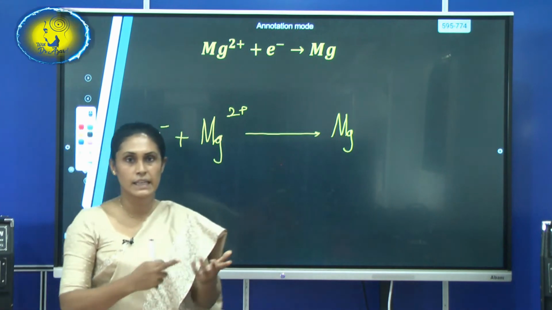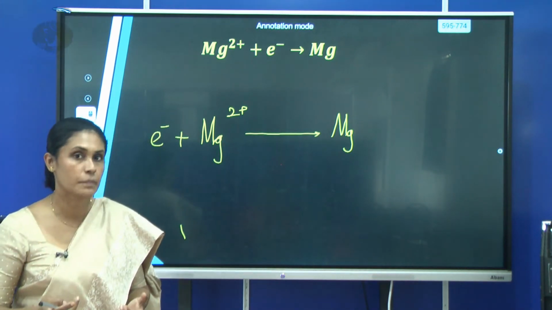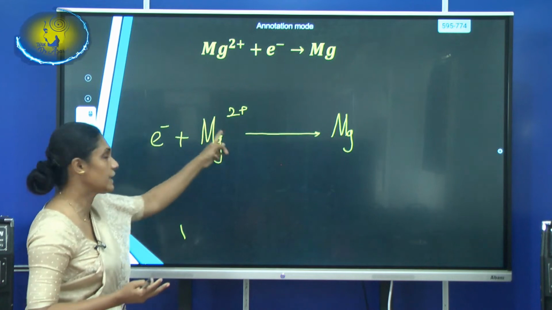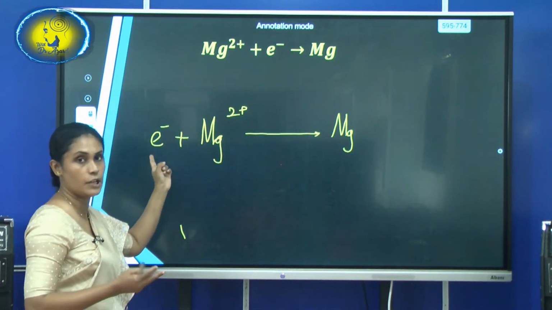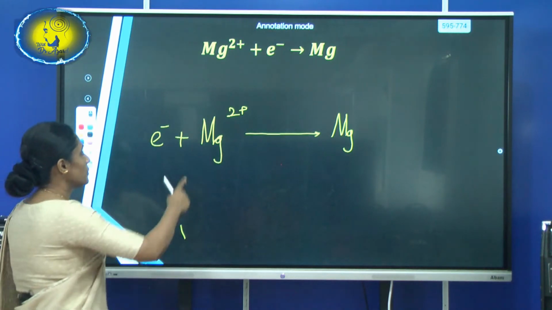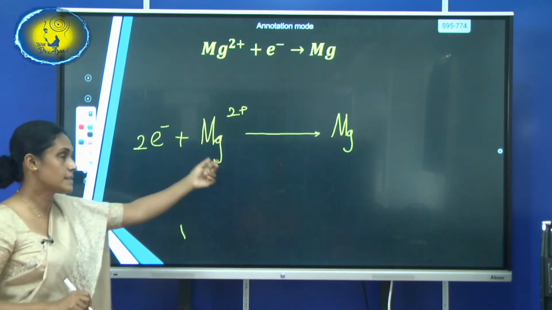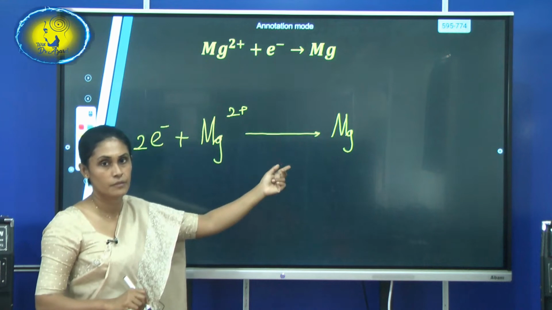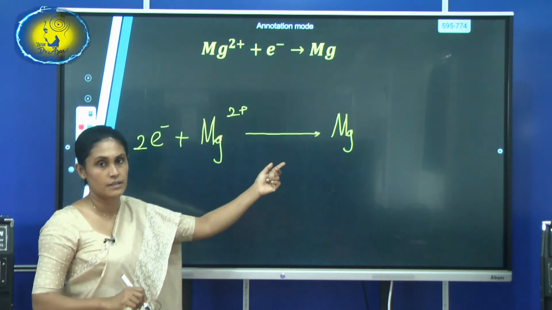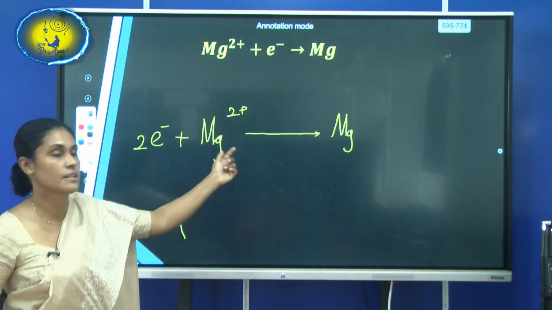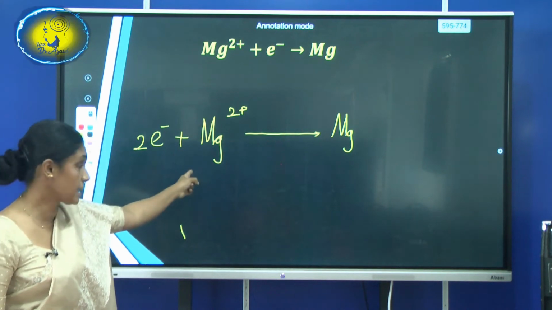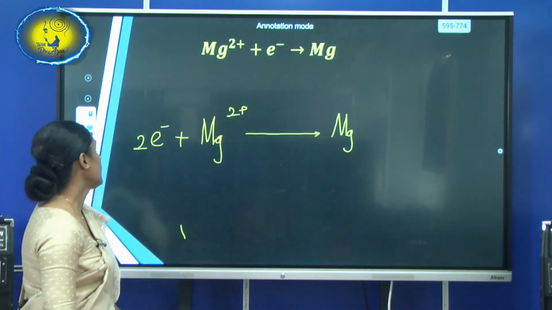What do you think? Is it a gaining or a losing? It's gaining electrons. I didn't have space here, that's why I wrote it here. Right? No problem at all. So to cancel the charge, I have to write 2 here. This is the answer, and this is an example of what? Oxidation or reduction? Reduction. This is an example for reduction. Right?